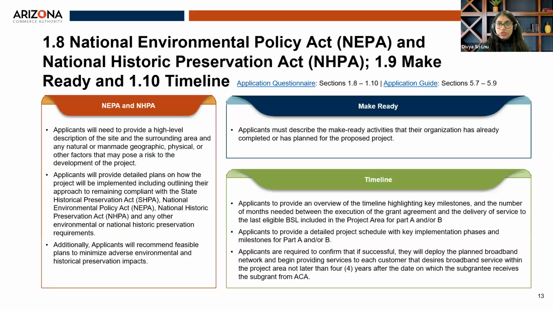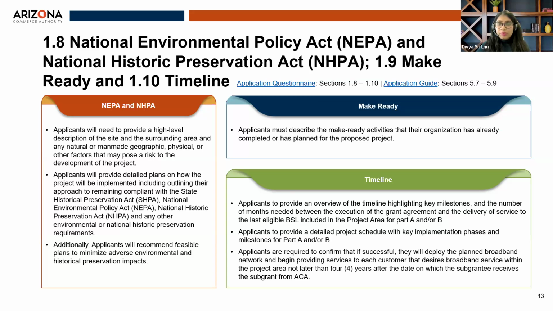Following this is the next section, which is the environmental section. This is in terms of compliance with NEPA and NHPA. The first section under this is where applicants will provide a high-level description of the site and the surrounding areas to identify any man-made, geographical, physical, or other factors that might pose a risk to the development of the project, including flood-related areas and wetlands or waterways impacted by the area.